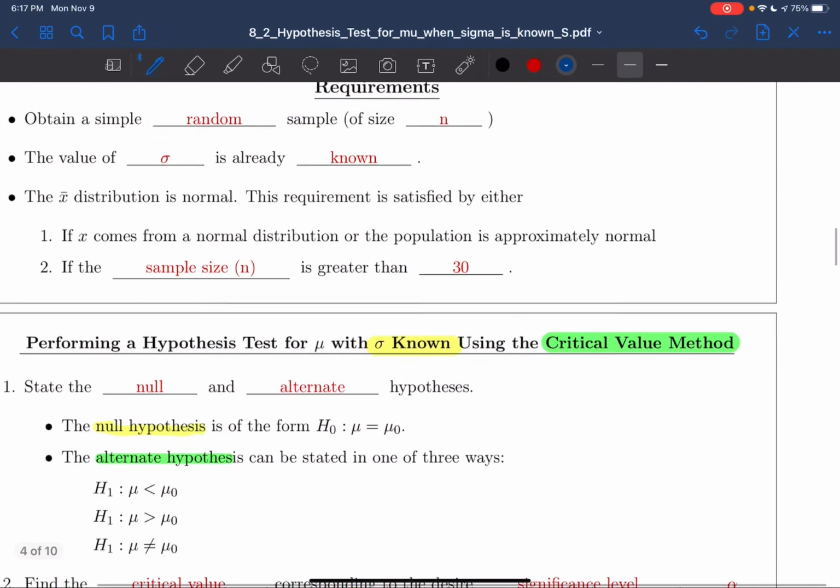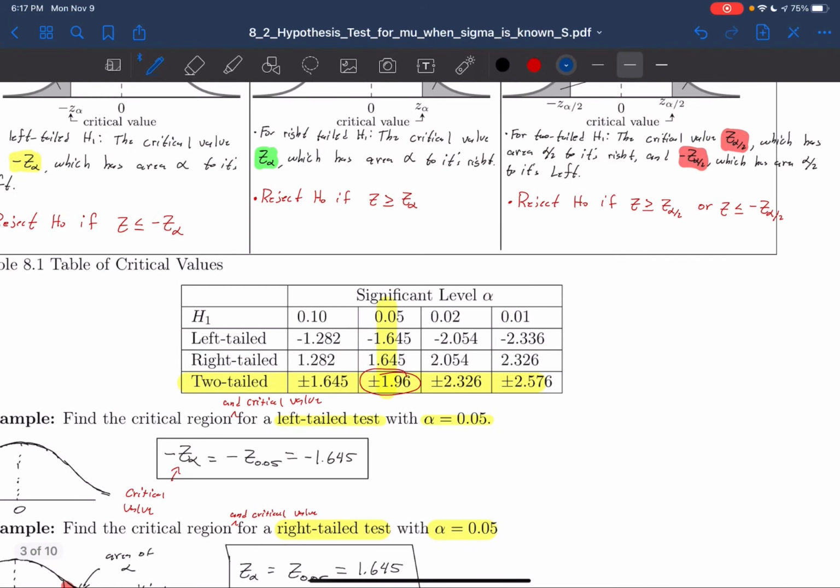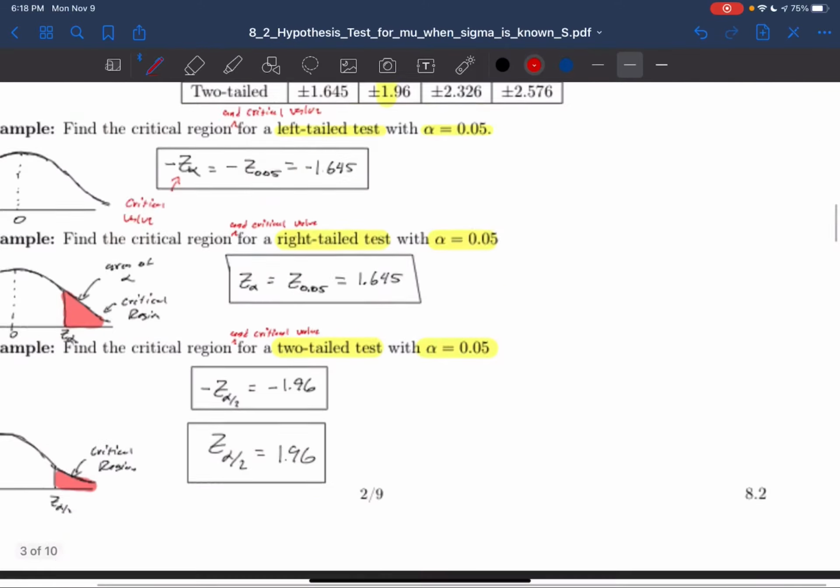So if you recall, this table here, let me just erase this real fast. Oops. Let me just erase this real quick. We have a significance level of 0.05, but since we're dealing with a left tail test, we know that our critical value is negative 1.645.